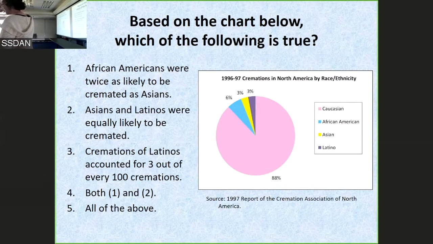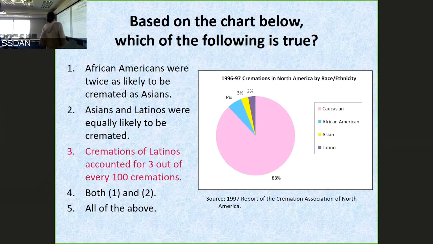You say 3, you say 1, you say 3. Anyone want to weigh in on what this is? 3. Okay, so a lot of you say 3, and that is the correct answer.